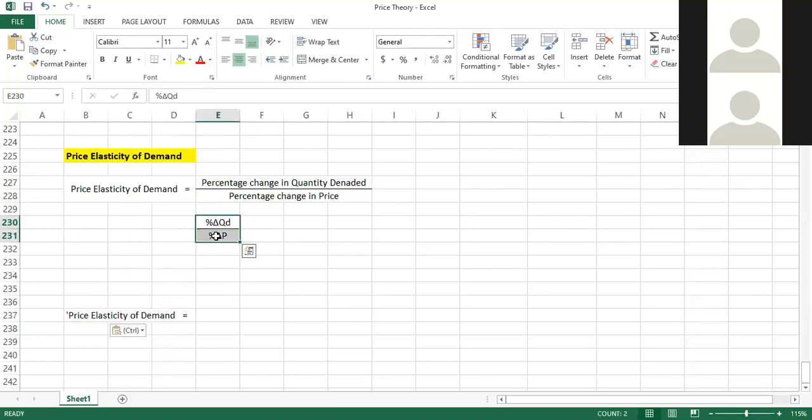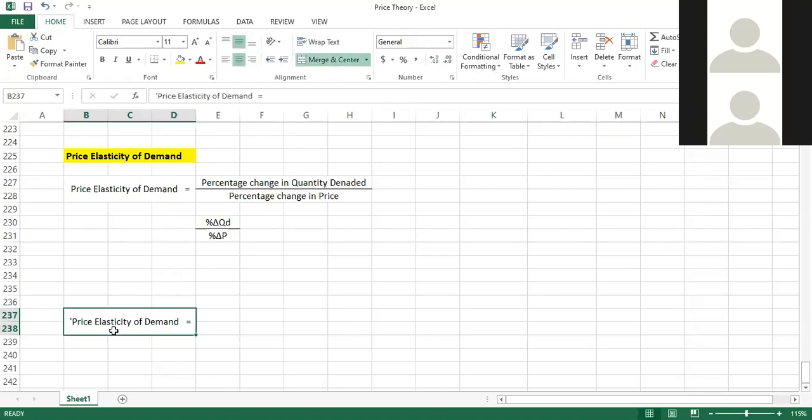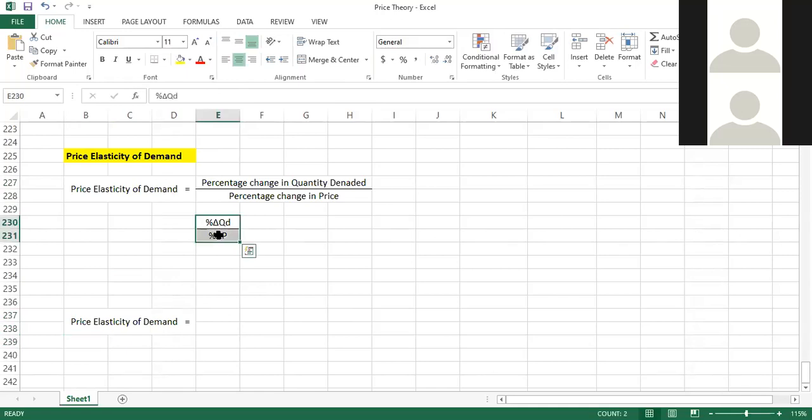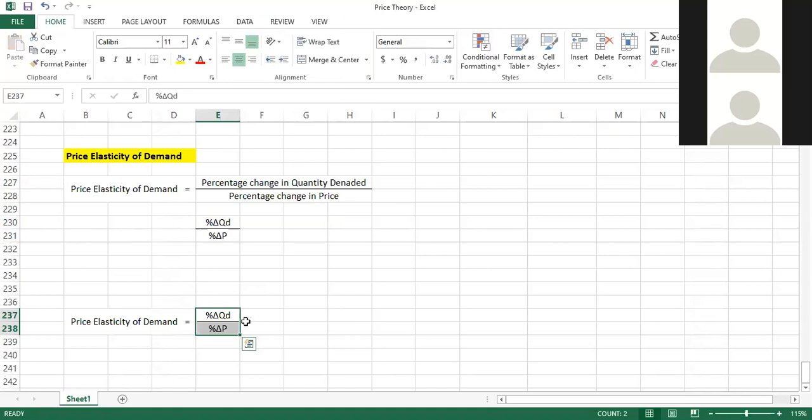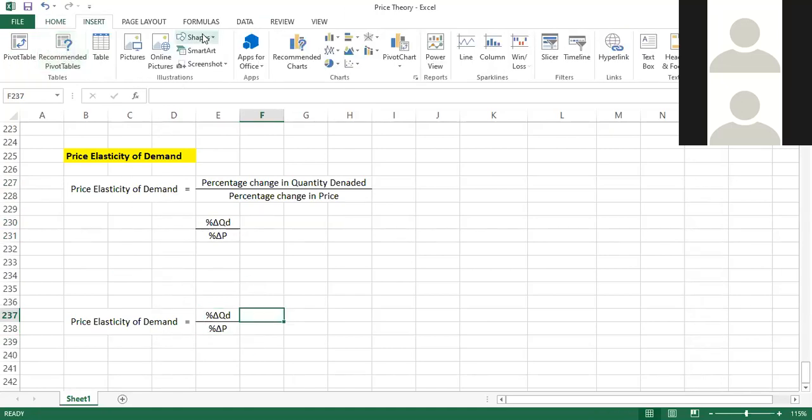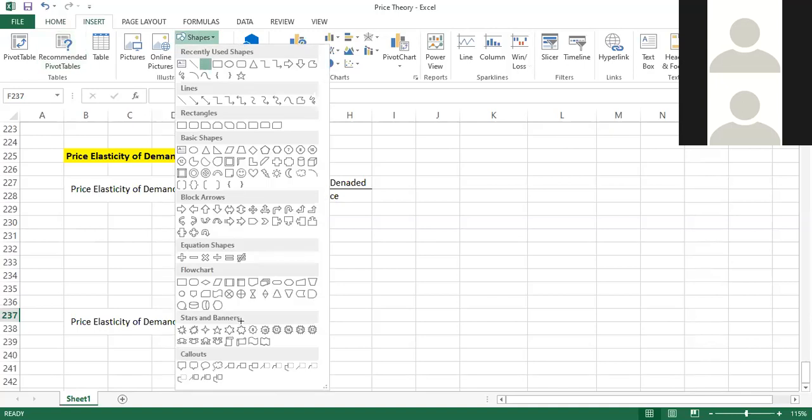We can divide them into 5 main categories, right? The answers we can get for this price elasticity of demand we can categorize into 5 main categories.